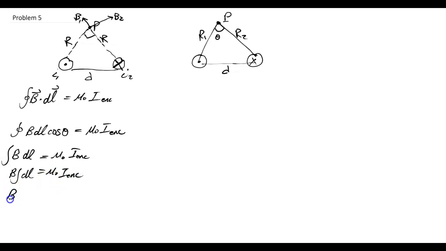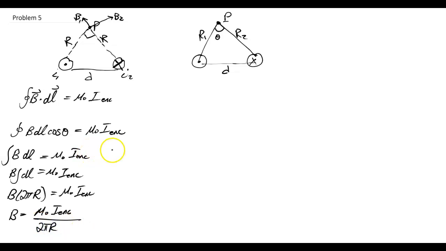And as we've done before, the distance between the current and the point is r, so this dl integral would be 2 pi r, because it's throughout, equals mu naught I enclosed, or B equals mu naught I enclosed over 2 pi r.